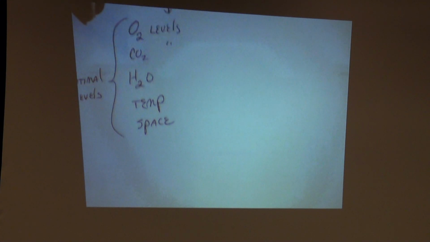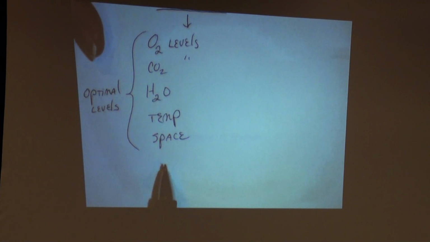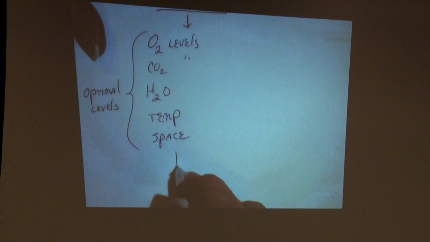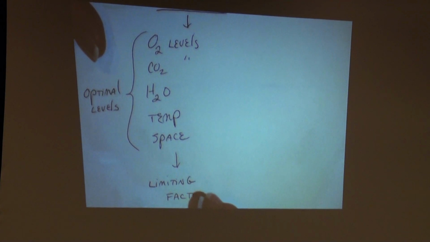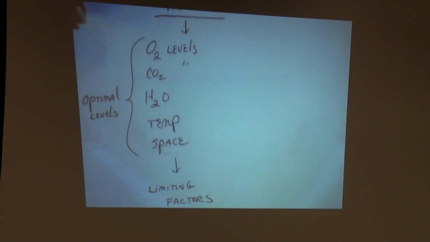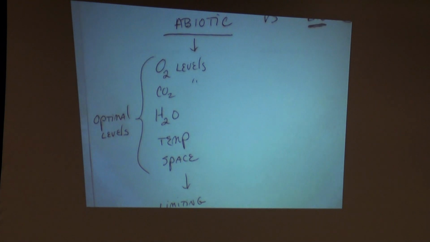Okay, now what happens if these are limited? That's right. They can affect the population. So these can also be what? Limiting factors. So if you see limiting factors, they're talking about what? Abiotic.